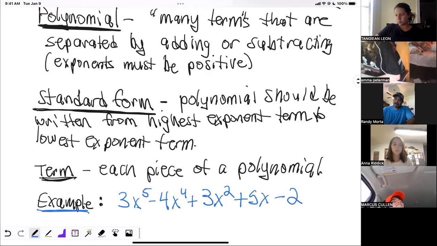That's a polynomial. It is different pieces that come together, many terms that are separated by adding and subtracting.